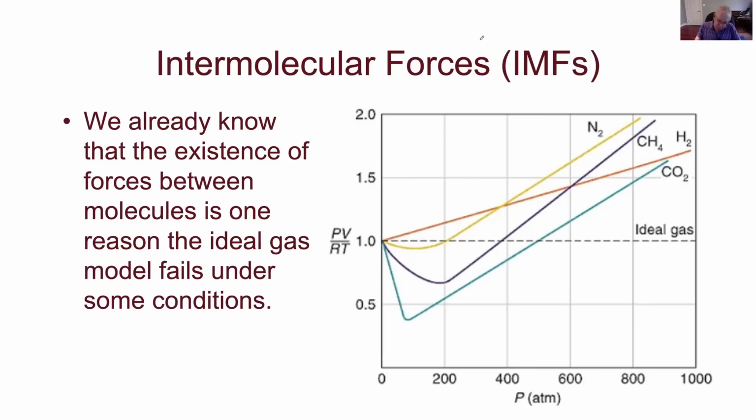You can also see, more encouragingly, if we come down here towards low pressure, and again, my scale here is in hundreds of atmospheres, as I get down to the vicinity of atmospheric pressure, they all come back together and do follow the ideal gas law pretty well, which is what we would expect based on the fact we've been using that equation, the gas law, for a lot of different things, right? We can also clearly see that the extent of deviation does depend on what gas we're looking at, right? That's in large part because these forces between molecules are going to be different for those different kinds of molecules. And that's what we're going to learn about starting now.